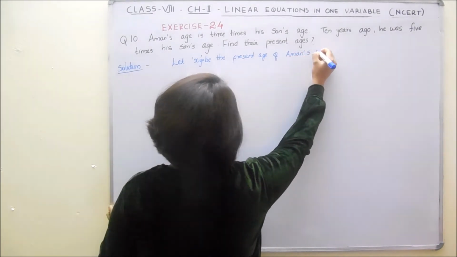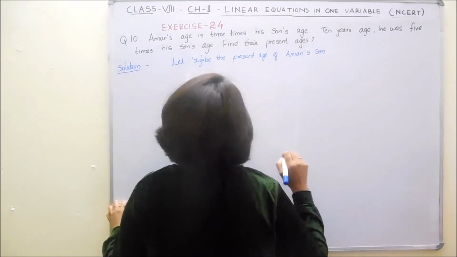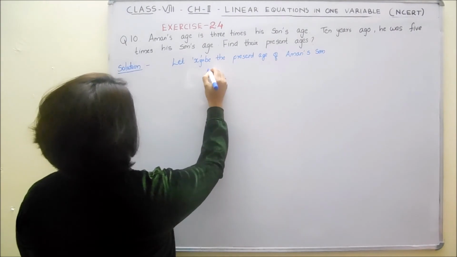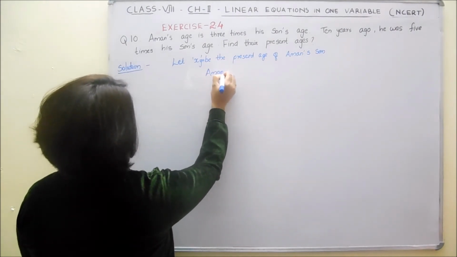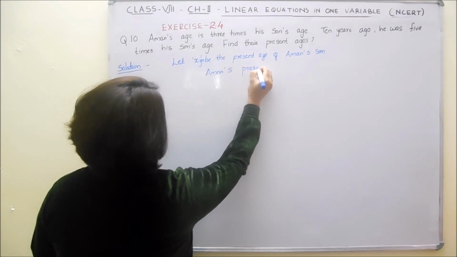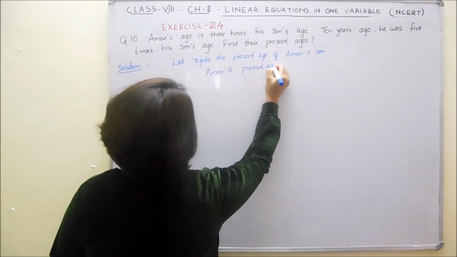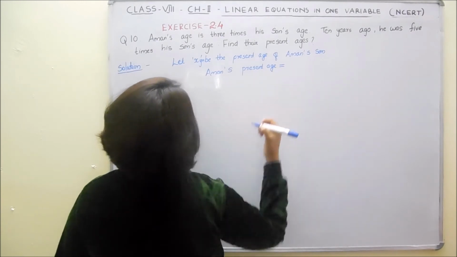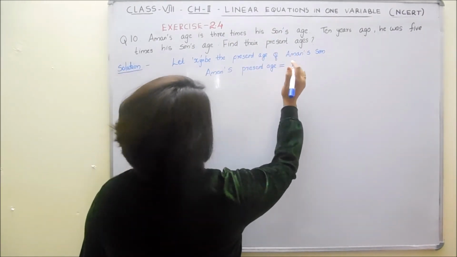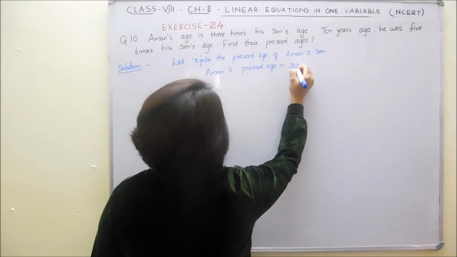First we will consider Aman's son's age. Okay. Then what would be Aman's age? Aman's present age would be 3 times son's age. So 3x.